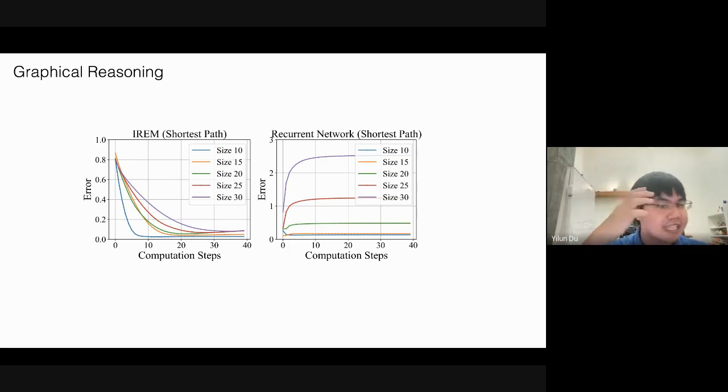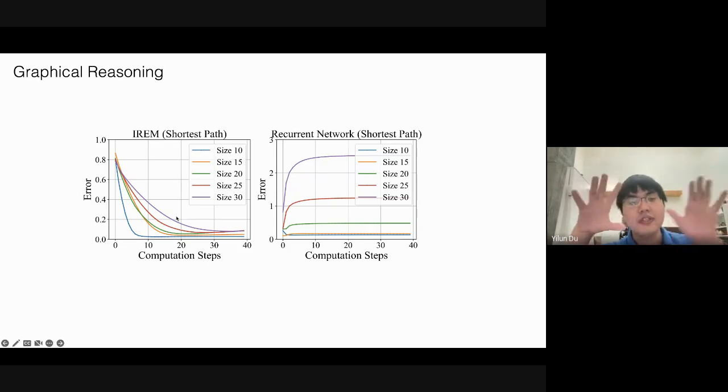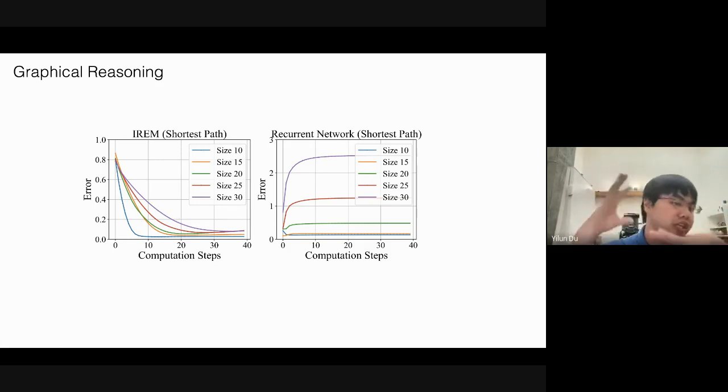At test time, you try much, much larger graphs, like size 15, 20, 25, and size 30. Even though these graphs are much larger and harder to solve, what we find is that if you use this energy optimization procedure to get your final solution, you can generalize to these harder task instances by running more computation steps.